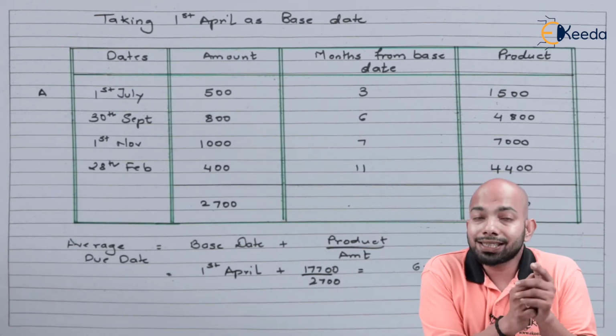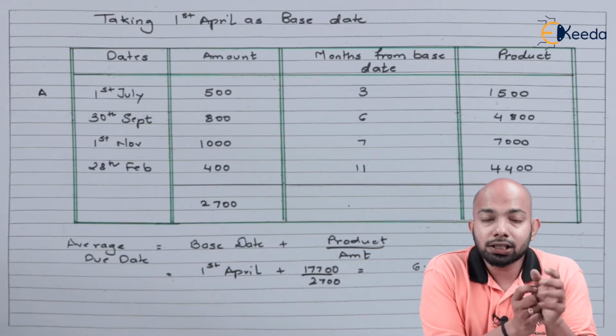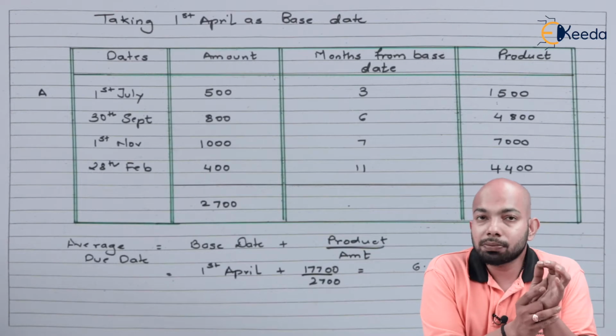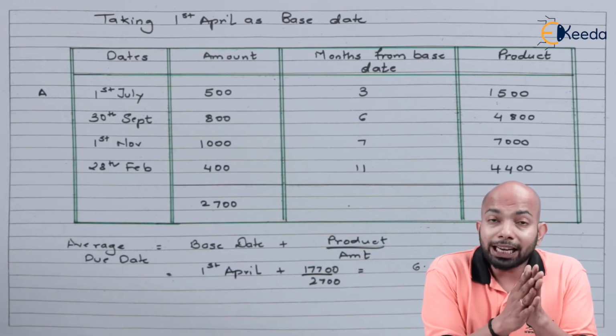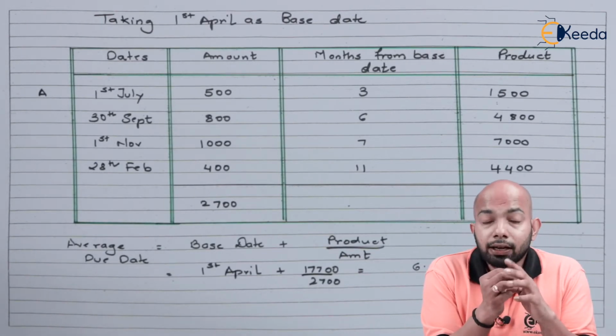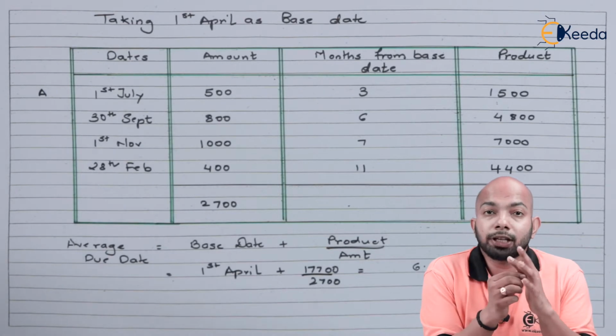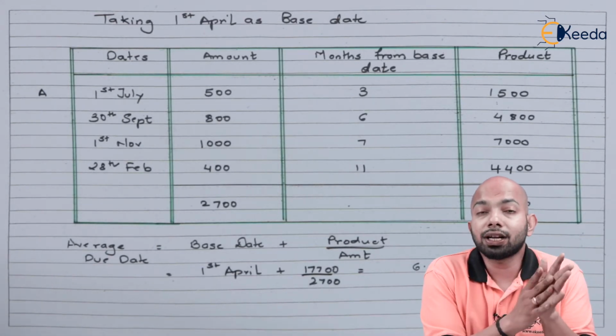So it again comes as 6.556 months. That means from April you have to add 6 months for sure. So April, May, June, July, August, September. Till September you have to take into consideration.